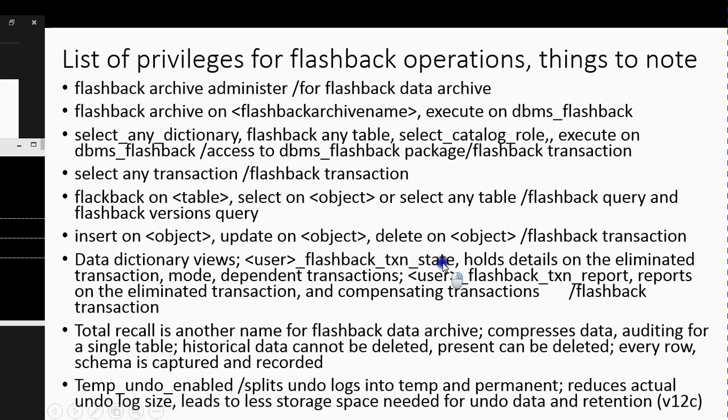After you perform a transaction backout, you have these two views that are already part of Oracle, but after the procedure is done, those views are filled with data from the backout process, the rollback process. So the flashback transaction state holds the data on the transactions that were eliminated, what mode they're in, and also what the dependencies were for that transaction.